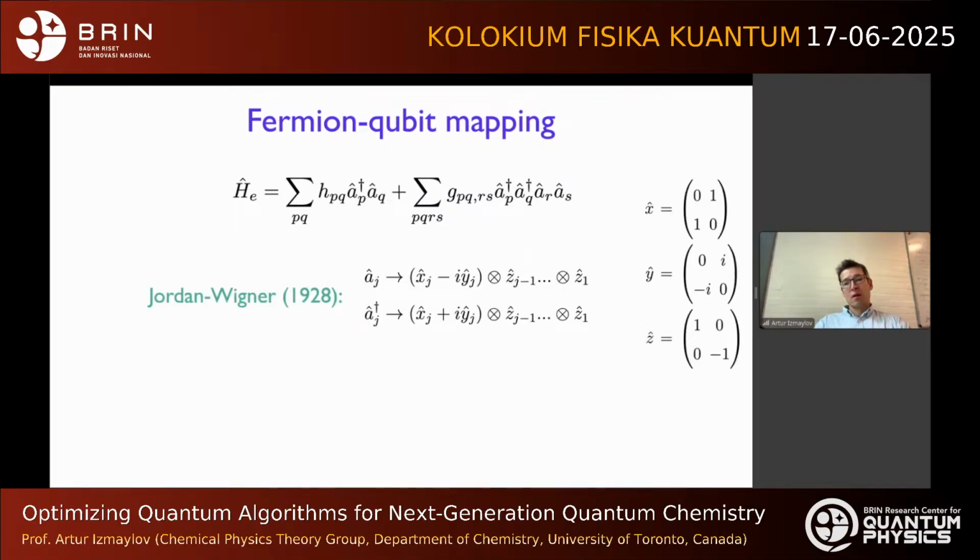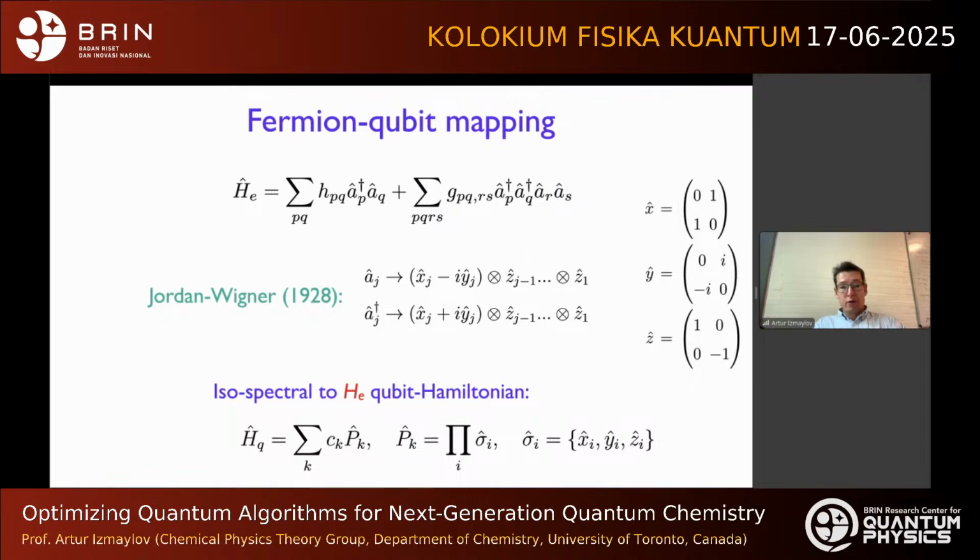And then, as I said, we can easily map fermions to qubits using various fermion-qubit mappings. So Jordan-Wigner, it's almost 100 years old already, established a mapping that works to this day. It's quite nice and simple. X, Y, Z are the products, and then we can map every creation and annihilation operator to a few products of X, Y, and Z's.